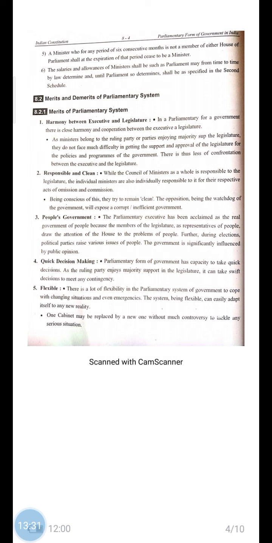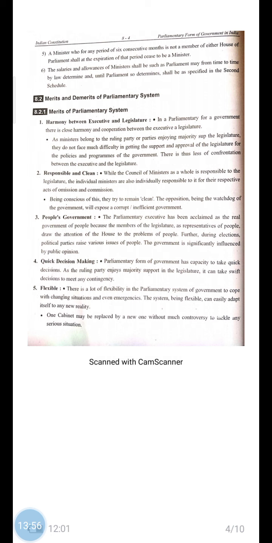Then sixth one is this, the salary and allowances of the ministers shall be determined by parliament from time to time by law, and until parliament so determines, shall be as specified in the second schedule. કે મિનિસ્ટર, નેતા લોકોની સેલેરી એક શેડ્યુલ પ્રમાણે ફિક્સ કરેલી હોય છે.